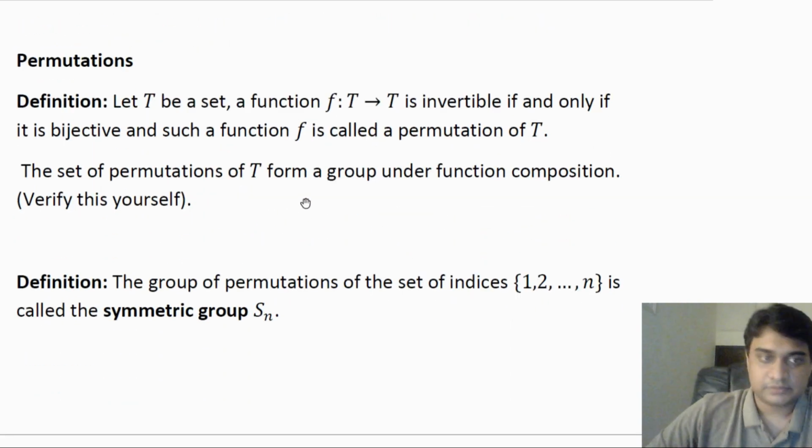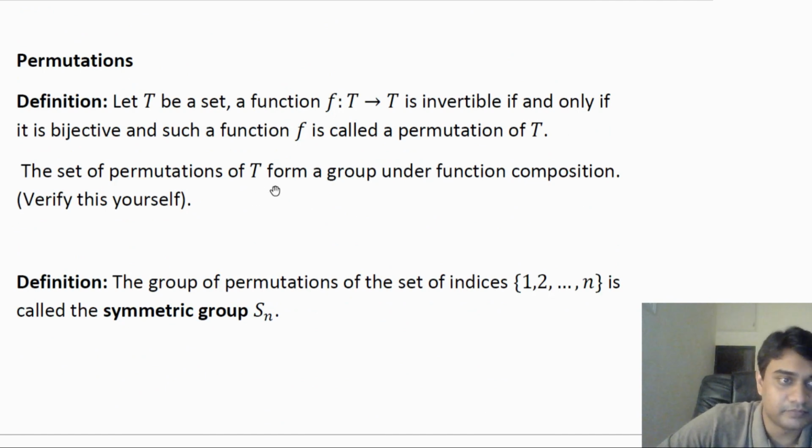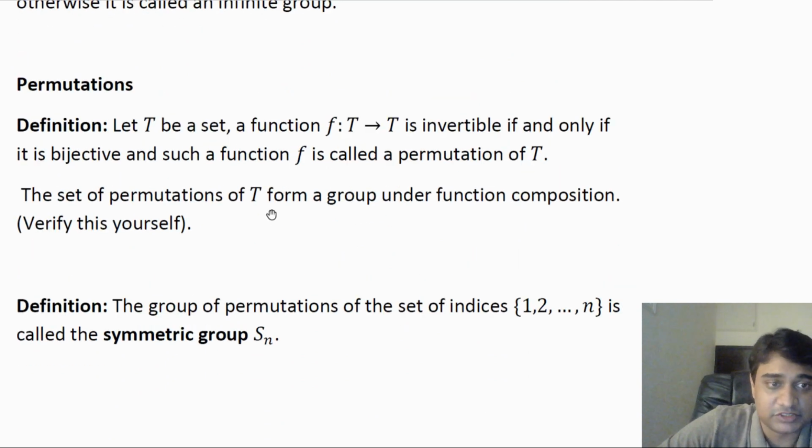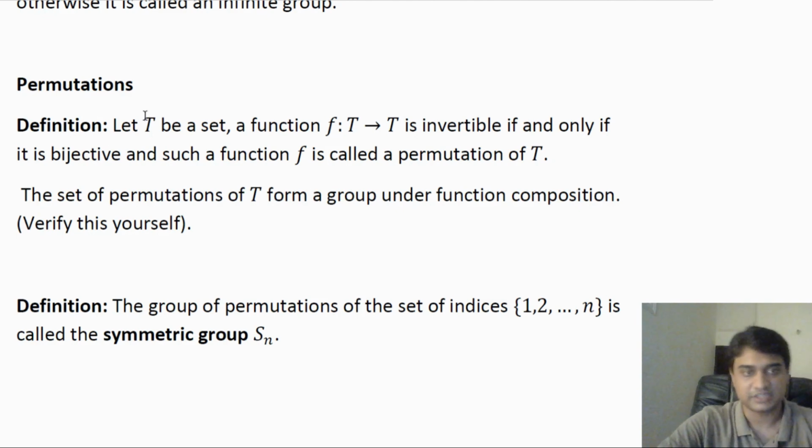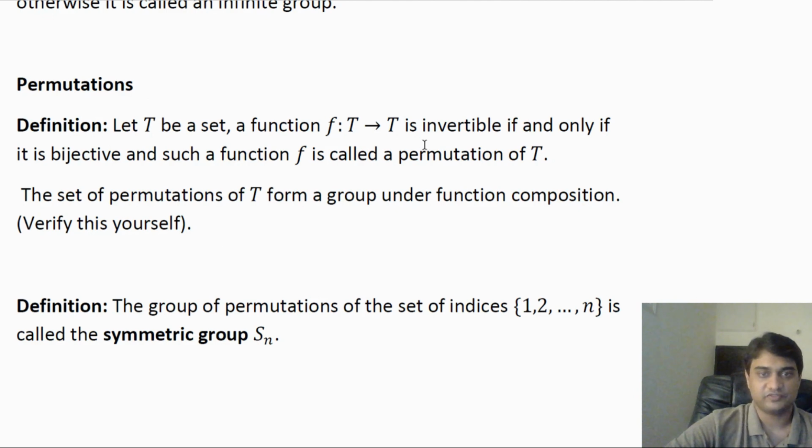Okay, so now we come to permutations. First of all, we start with the definition of a permutation. So a permutation is just a function. Let T be a set. A function f from T to itself is invertible if and only if it is bijective, meaning it is one to one and onto both.